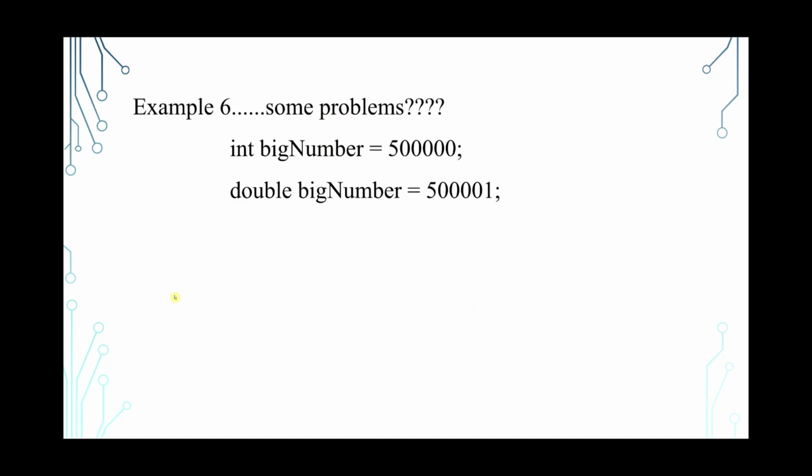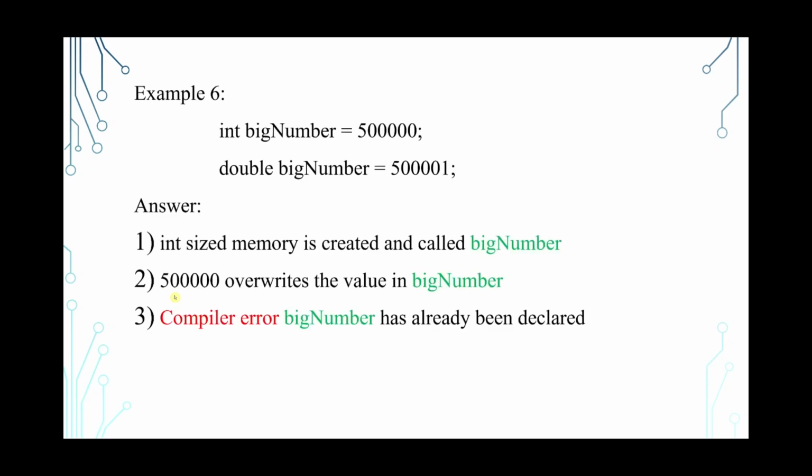Example 6 is a little bit confusing, not confusing to the compiler, but because, as you can see, the compiler is going to throw an error. Why? Because you did the first one right: a memory location is created and called bigNumber, so you're good.